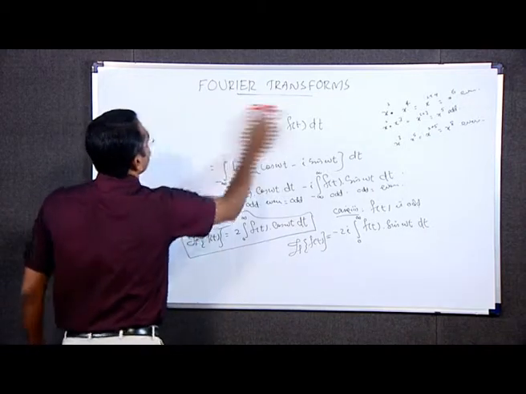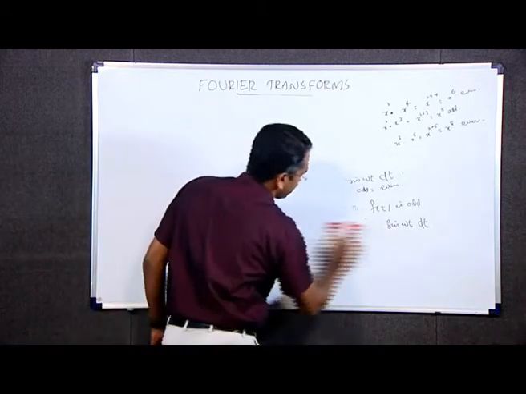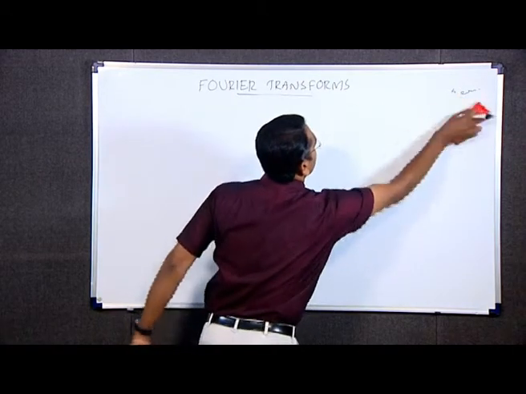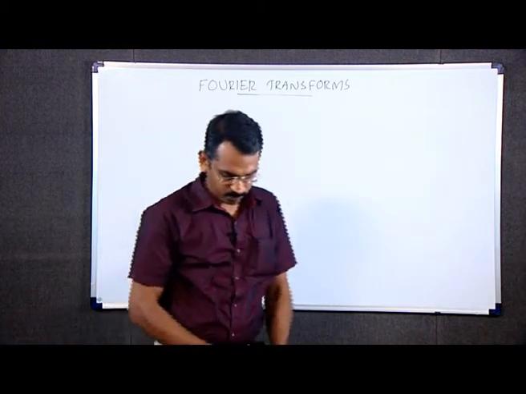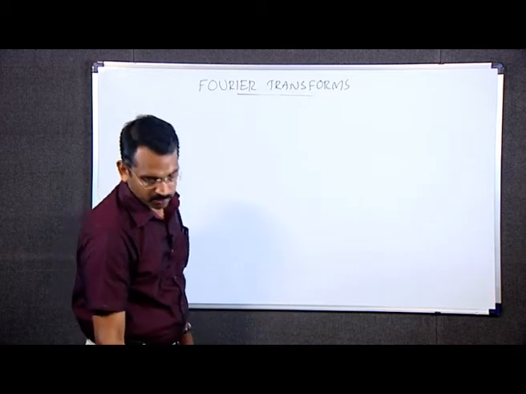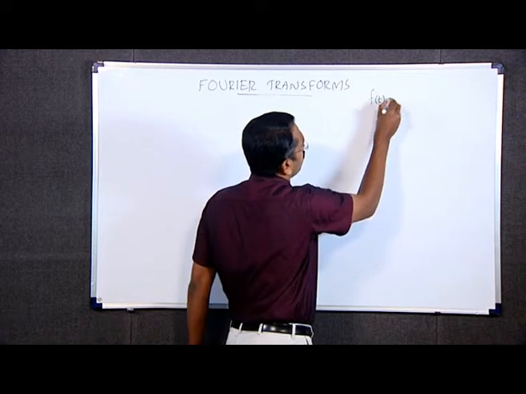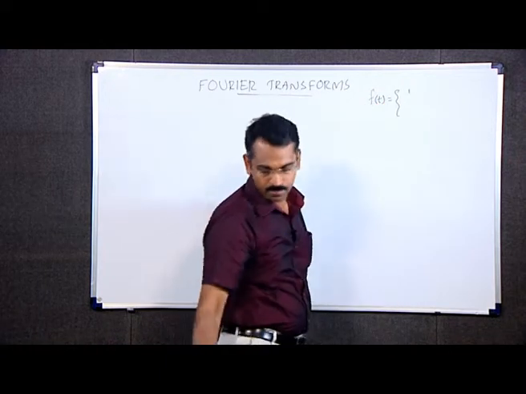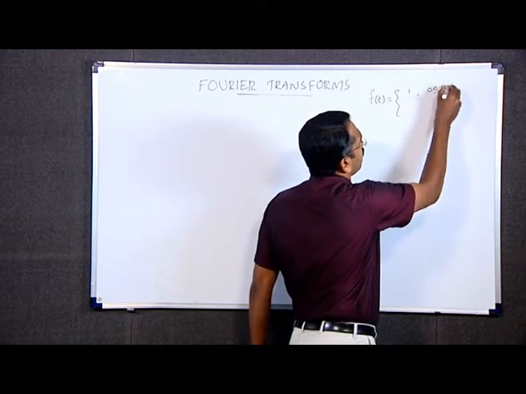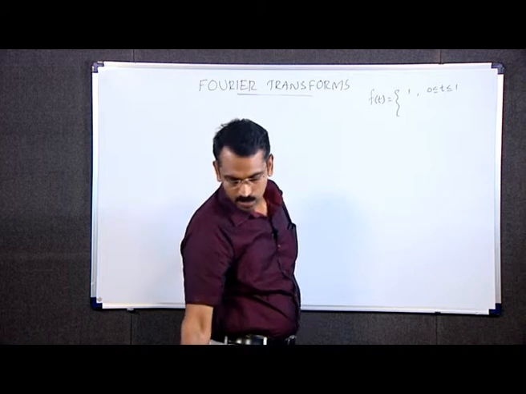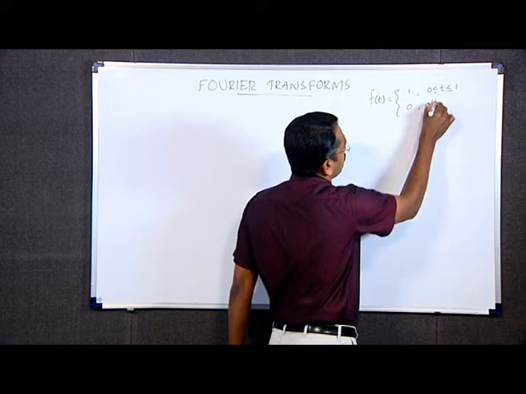Now, we have to consider some examples for the Fourier transforms. First one is: obtain the Fourier transform of the function f of t equal to 1 for 0 less than or equal to t less than or equal to 1, and f of t equal to 0 otherwise.